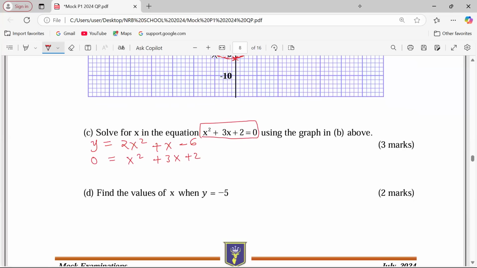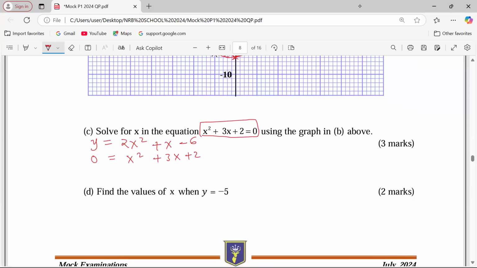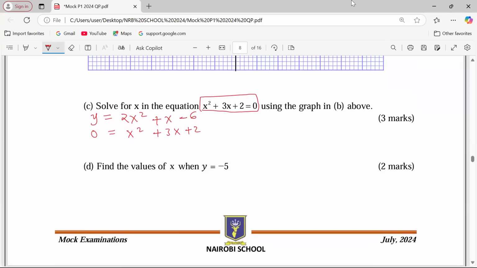And when you look at this, you discover that x² is having different coefficients in the two equations. And so we should make it the same by multiplying the first equation by 1 and the second one by 2, so that the coefficients of x² are equalized, because we want to come up with a linear equation.